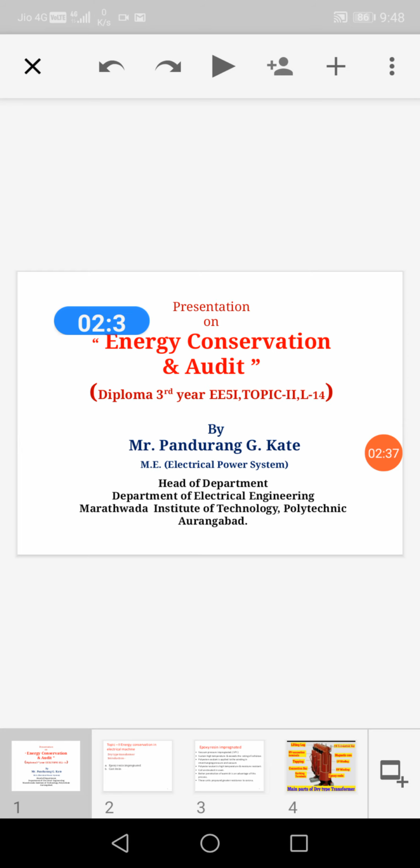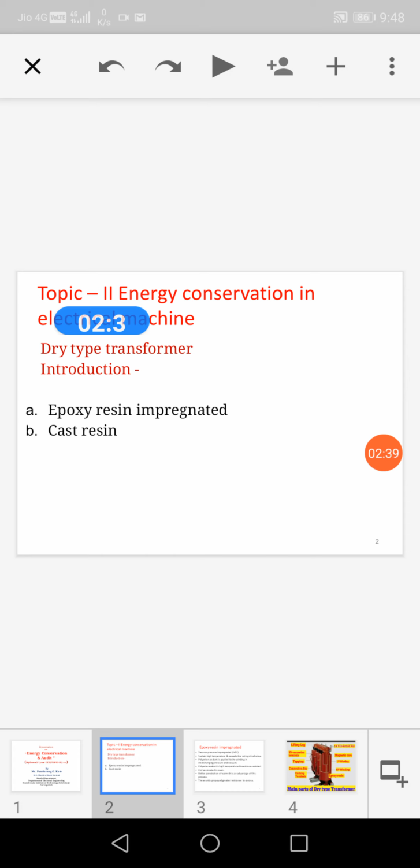Today we are going to learn the dry type transformer. We know the traditional transformers have core and winding, means primary winding and secondary winding. These are the main parts.